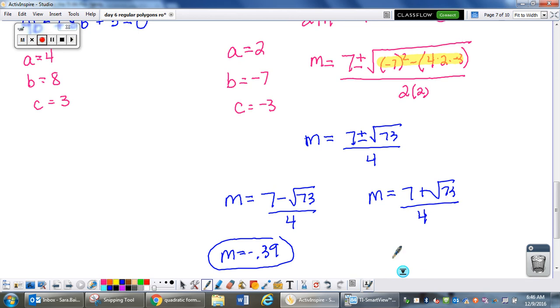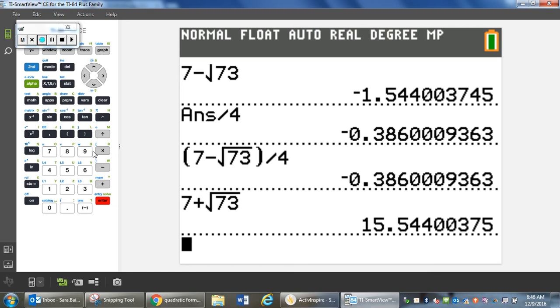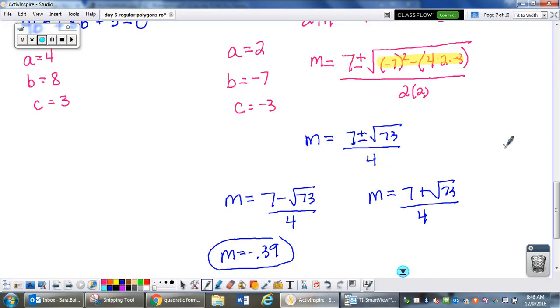And if you key that into your calculator, 7 plus the square root of 73, enter, divide by 4. 3.886, which we're going to round to 3.89. Okay?